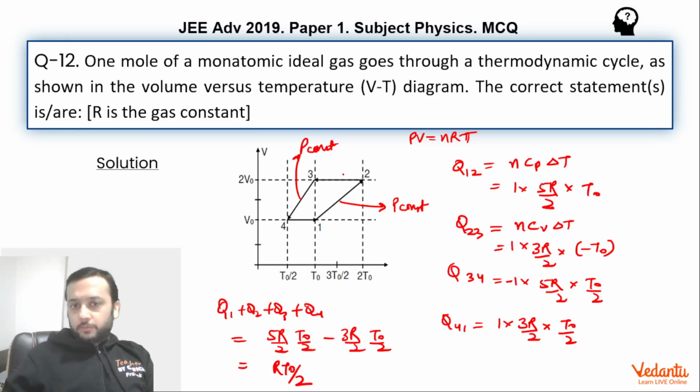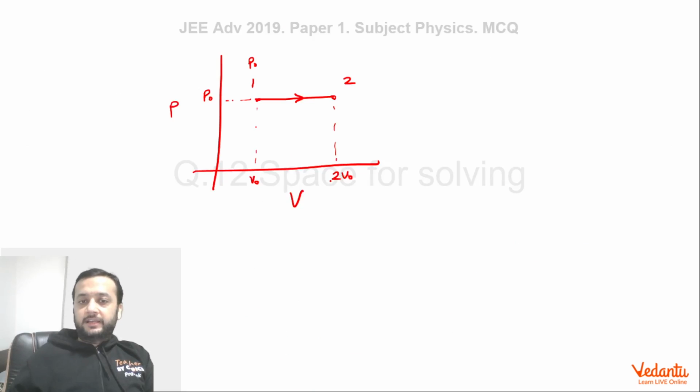From 2 to 3, it's an isochoric process and the temperature has been halved. If you halve the temperature isochorically, then pressure will also be halved, right? So we will come down and pressure will become P naught by 2. So this is our point 3.